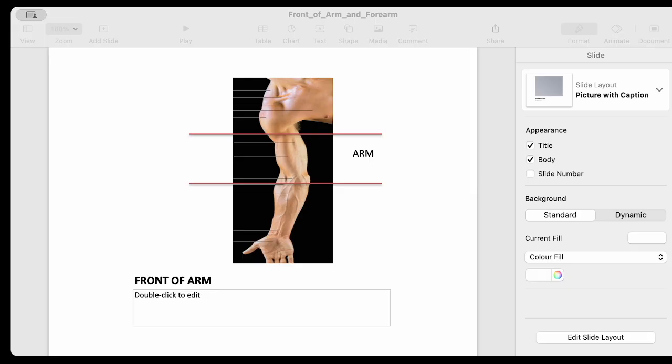Next, coming to the nerve supply of arm, I already described, that is musculocutaneous nerve. So musculocutaneous nerve starts from the brachial plexus, that is from the lateral cord of the brachial plexus.